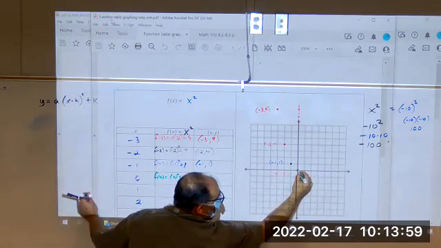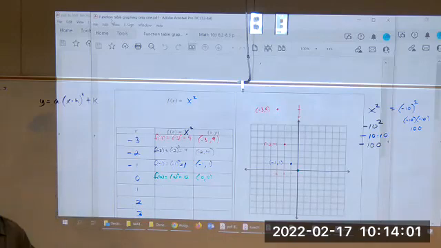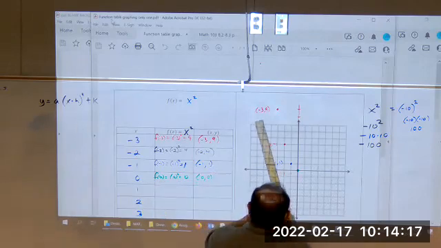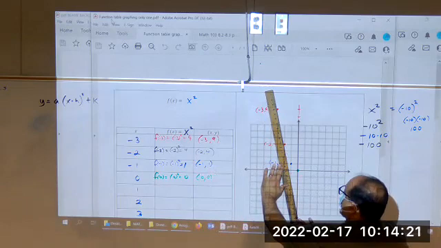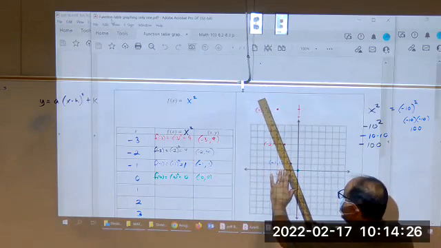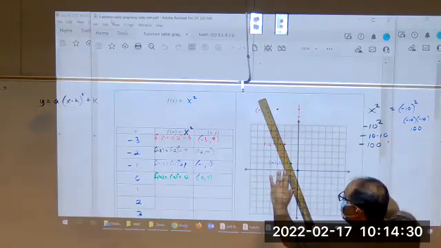And remember, you don't have to label the origin. So let's just take a quick look at something. Here's what you're used to: plotting 2 points and then drawing a straight line. Well, if I have 2 points, are the other points on that straight line? No. If I try to draw my line through here, those 2 points are not part of the graph.